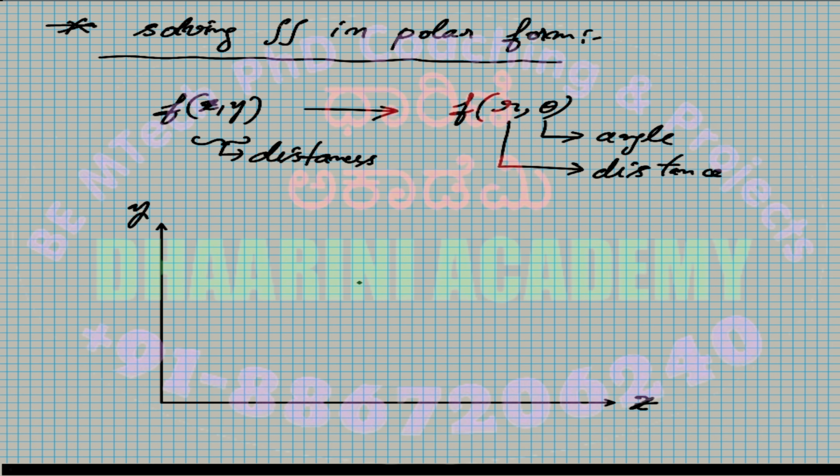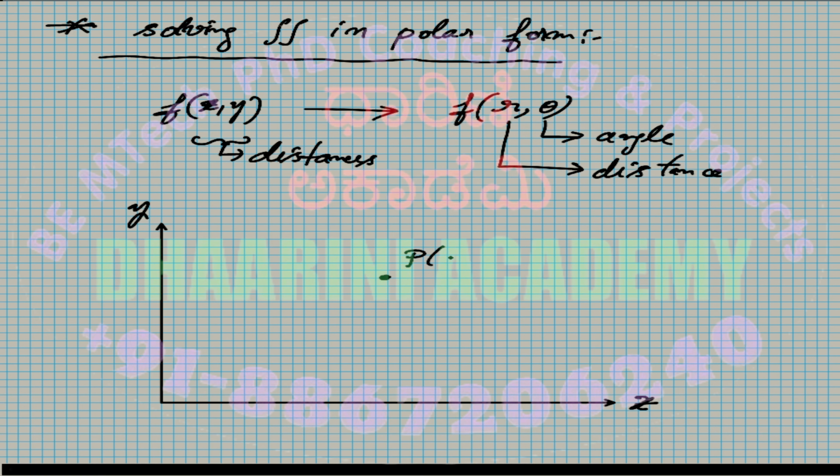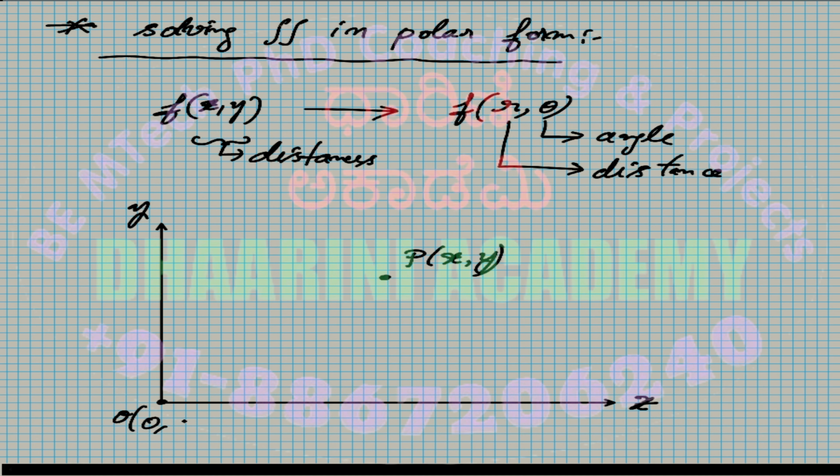Let us mark a point here, denoted P. We are still in the Cartesian or rectangular system, which needs two distances to reach that point from the reference point called the origin, denoted O. Irrespective of the coordinate system you use, this O is always (0, 0). The origin will not change.